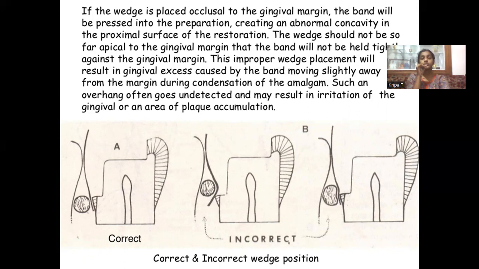In the third picture, you can see the wedge has gone too apical to the gingival margin, and the band adaptation will be compromised. This will create more gingival excess caused by the band moving slightly during condensation of the amalgam, creating overhang which can result in irritation of the gingiva, plaque accumulation, and evident bone loss.